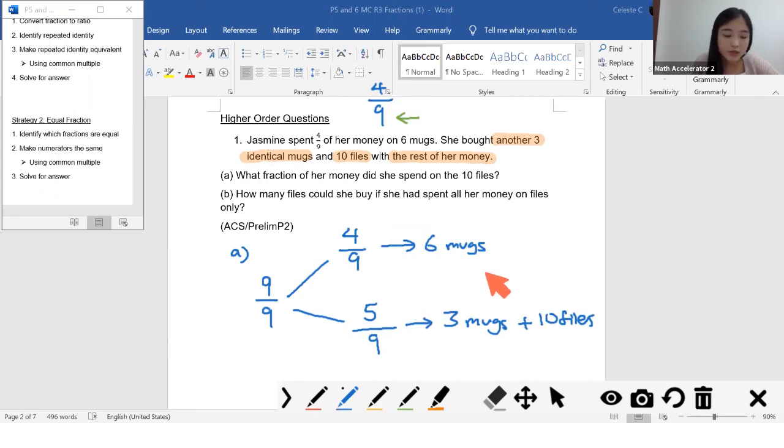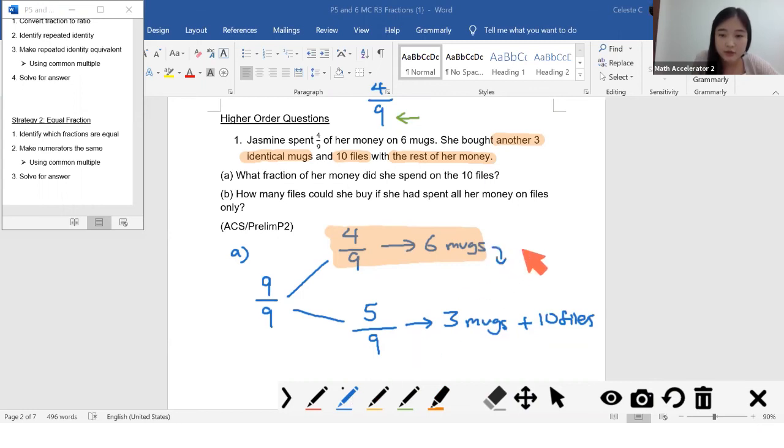Right, so what we can do here, okay, we have to find out these 3 marks here, what is the fraction? Right, so using this part here. Okay, what we want to do is to eliminate, take away the marks. When you have 2 items, right, you want to be left with only the 10 files. So you have to make these 6 marks here the same as the 3 marks. Yes, correct.